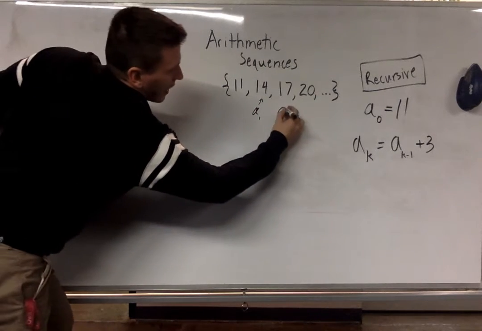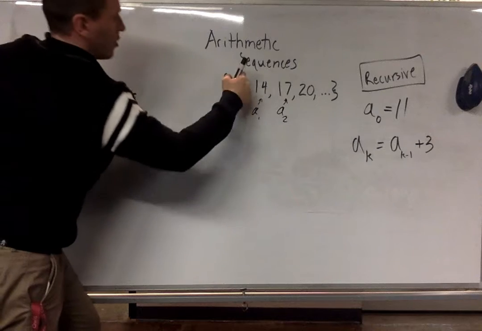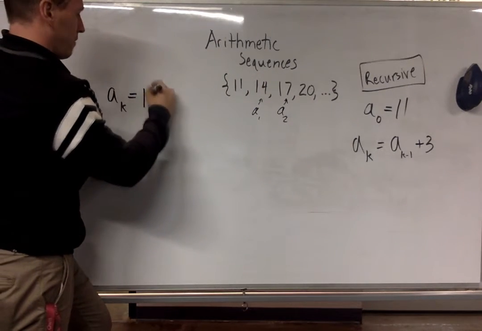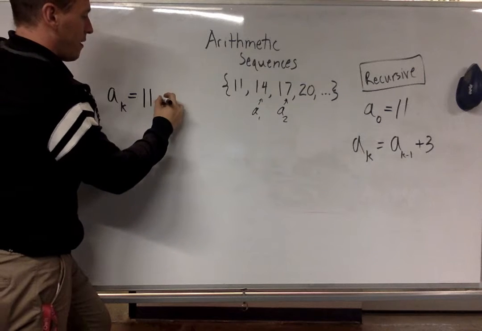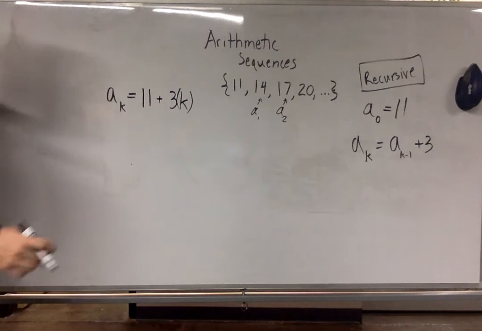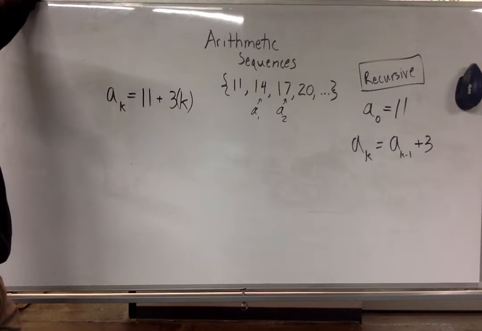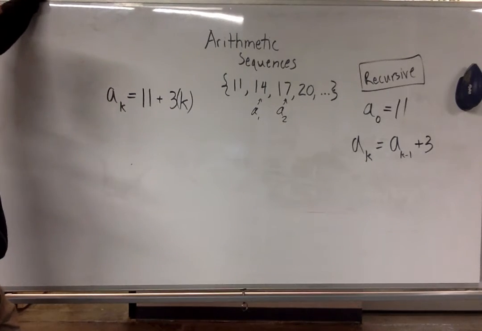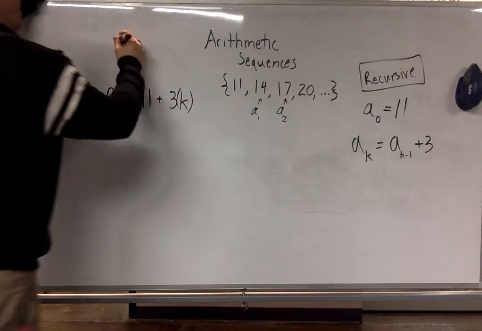If I'm finding a sub 2, well, it took me 2 3's to get there. So really, I just take my first term, 11, and add 3 times however many terms I've gone through. And this will hold true for anything all the way up to the 507th term. So instead of having to do 506 intermediary steps, I can get immediately to the answer that I want.